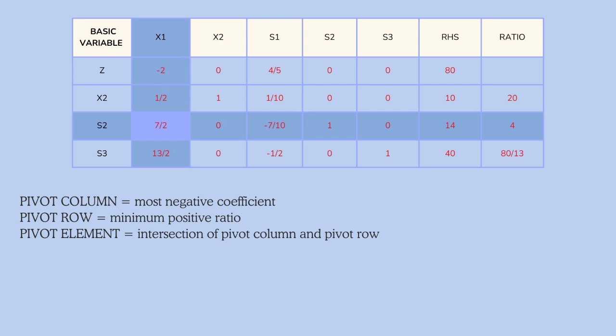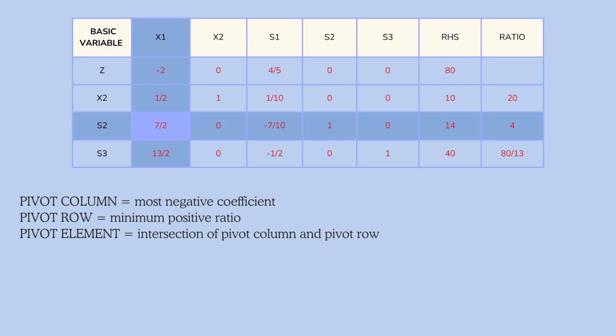The next is 14 divided by 7 over 2 is 4. Then, 40 divided by 13 over 2 is 80 over 13. So, ang requirement doon is yung minimum positive ratio or yung pinakamababa. So, ang pivot row natin is yung S2, which is ang ratio niya is 4.